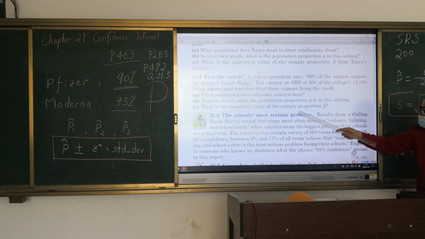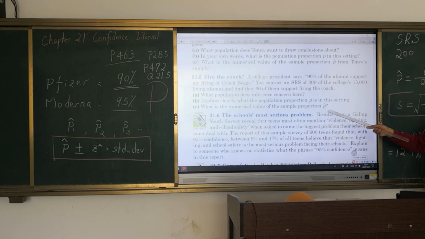And what is the value of p hat? Yeah, 33%. So we can use this to calculate the standard deviation.